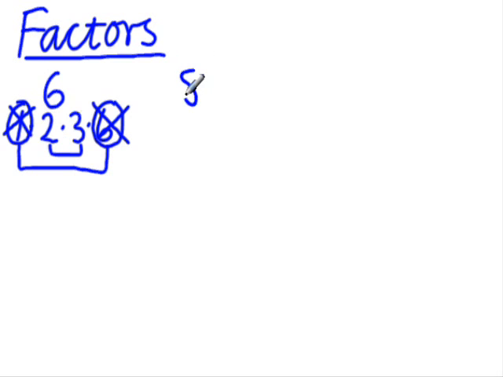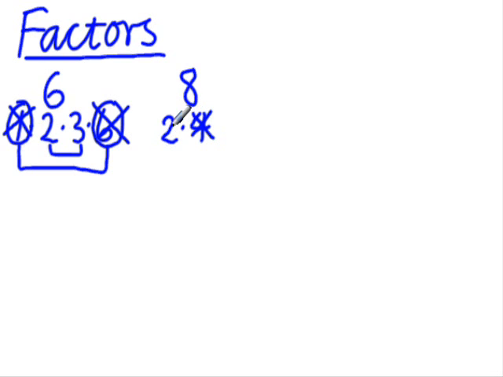So let's look at 8. Well, 1 is a factor of 8, but we don't need to express that. 2 is a factor of 8, and 4 is a factor of 8. And of course, 8 is a factor of 8, but we don't need to work with that. We can discard that. 4 is not a prime number. 2 is prime.